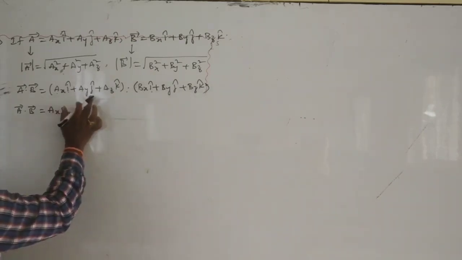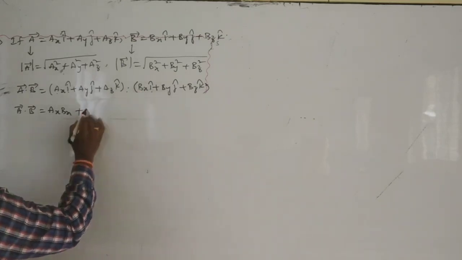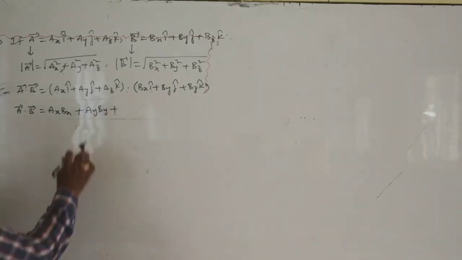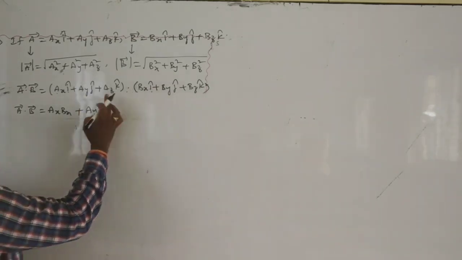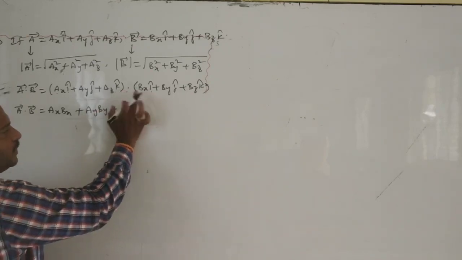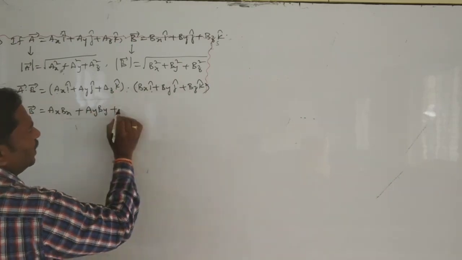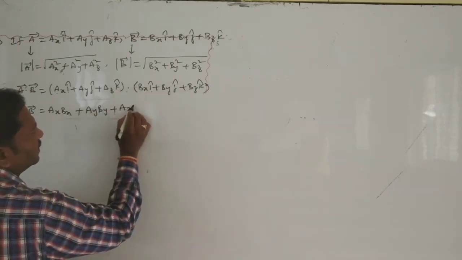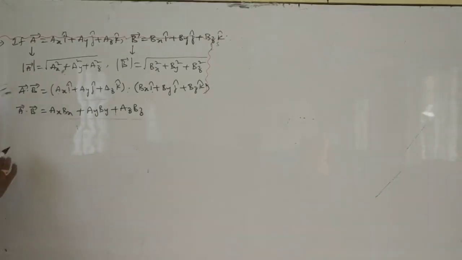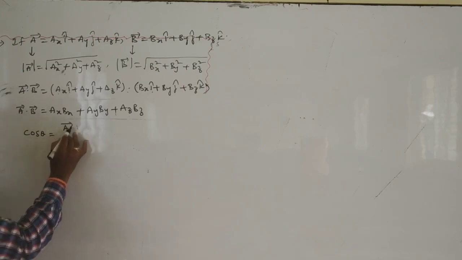Next, j dot i 0, j dot j 1, Ay By, plus j dot k also 0. Next, k dot i 0, k dot j 0, k dot k 1. So Az Bz.